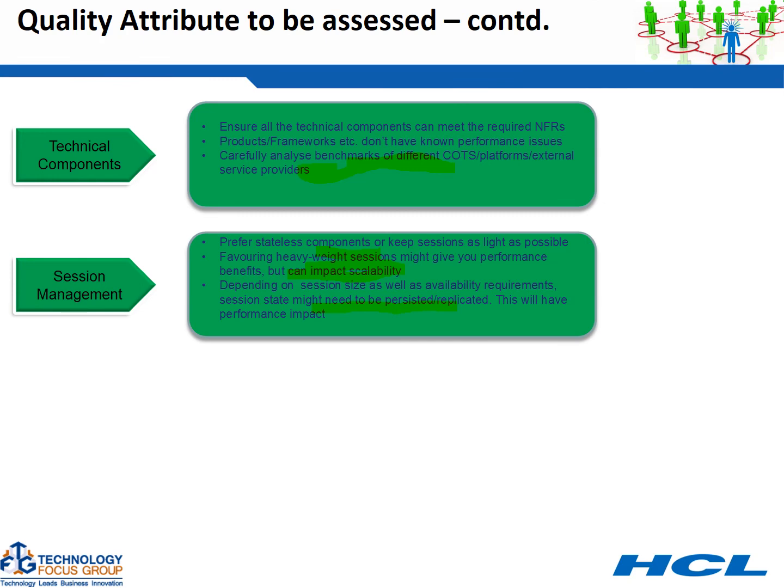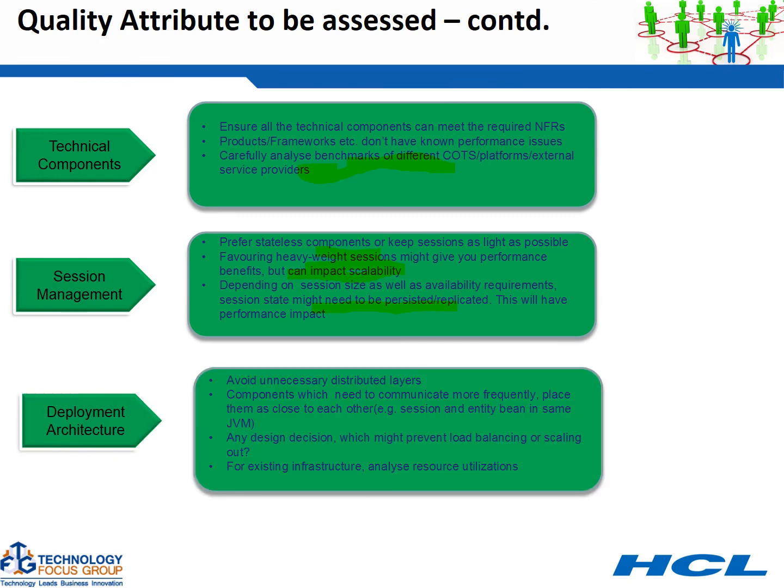Keep that in mind. Then the deployment architecture: avoid unnecessary distributed layers. The more layers you put in, the more round trips and communication you will need. Components which need to communicate more frequently should be placed as close to each other as possible.